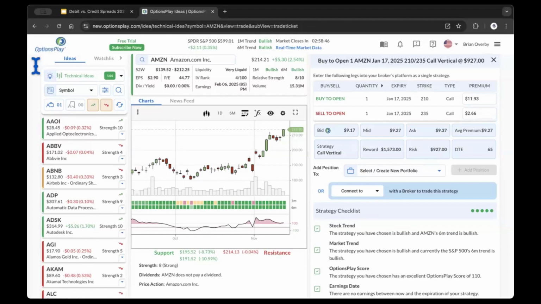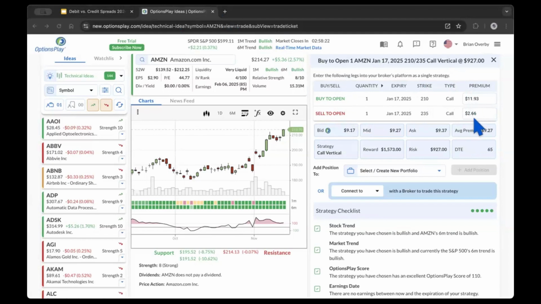Because here's one of the things. Here's the biggest thing about a debit spread, and this is going into a little bit more of the advanced side of things. If you put the spread together, you are buying an option contract that wants the market to go up. And this is a 65-day option contract, and you're paying real money for it. $11.93 is what it's implying.